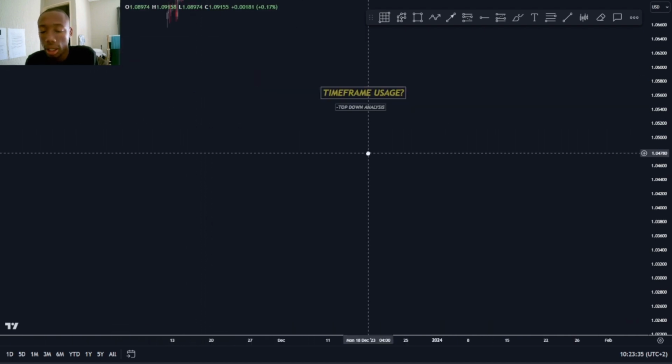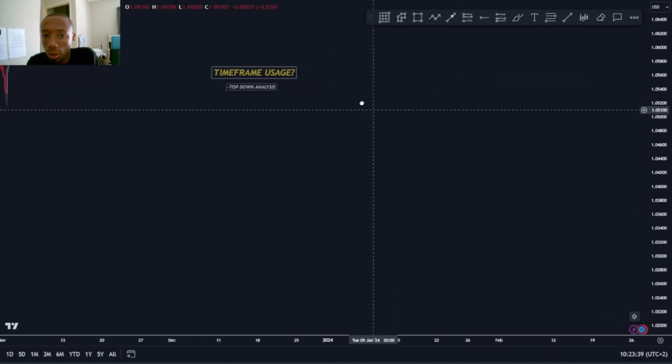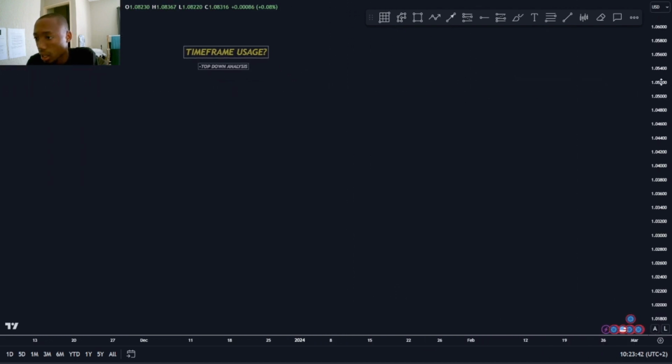For those of you who don't trade top-down analysis, I recommend you do so. It's very important to put the high time frame into consideration when you're taking a trade, because if you keep looking at the lower time frames, such as the 1 minute and the 5 minute only, you're gonna get caught up on the wrong side of the market, and you don't want to be there, trust me.